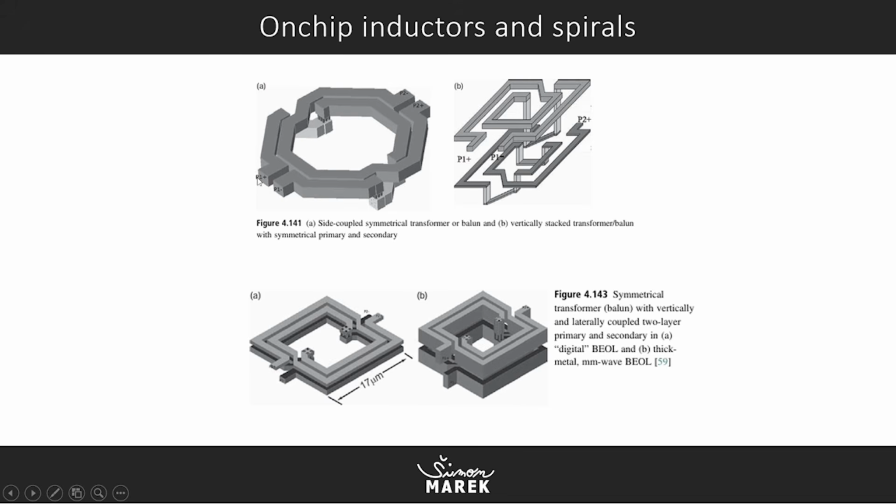So we have two differential leads and two differential leads on the other side, and then we have like other coil in different metal layer. So this is very common, used for isolation and kind of conversion of our signals. Those are also called baluns, which are symmetrical, and those are just balancing transformers.